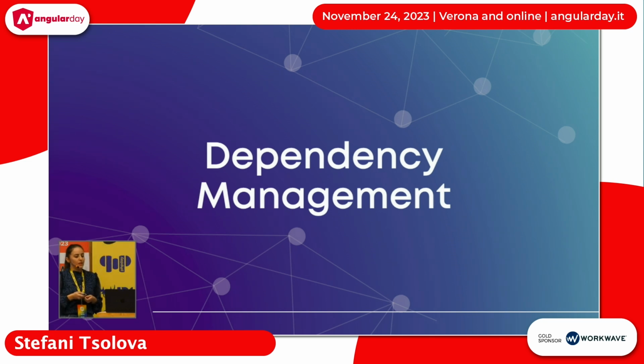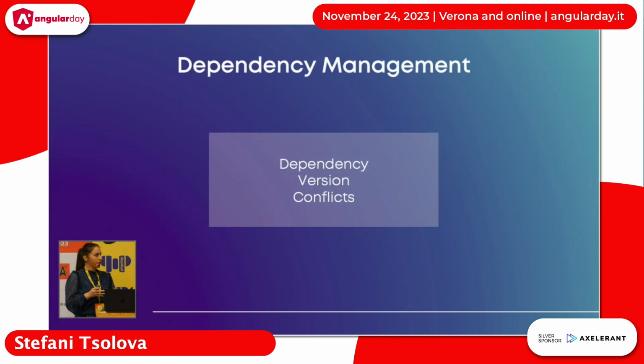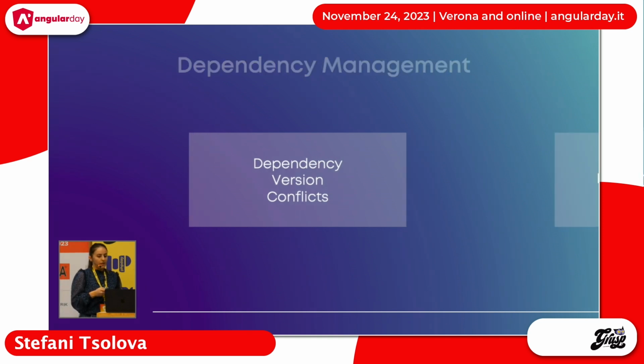It is really hard to make sure that there were no version conflicts, because the different libraries may at some point end up with different peer dependencies versions, which would result in a problem for our clients if they decide to use both libraries at the same time.